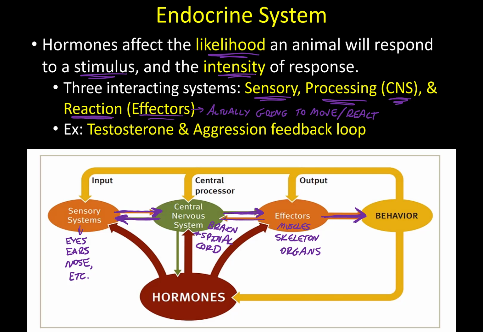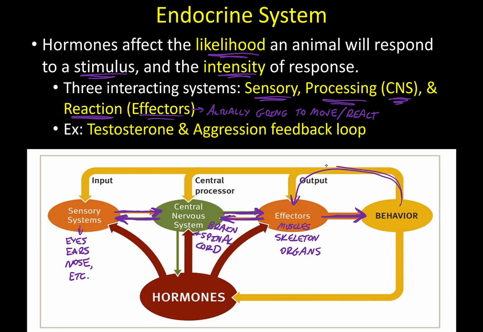Effectors are going to send information back to the brain on how much energy they have, whether or not they're being overstressed, how well they're working, etc. Okay. And then meanwhile, the behavior is having its own effects. That behavior is taxing the body as the effectors are working.